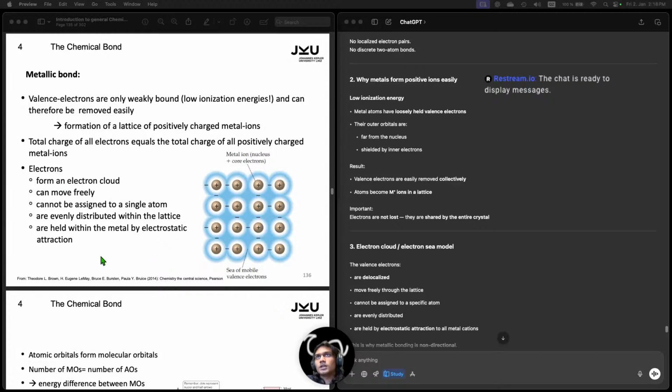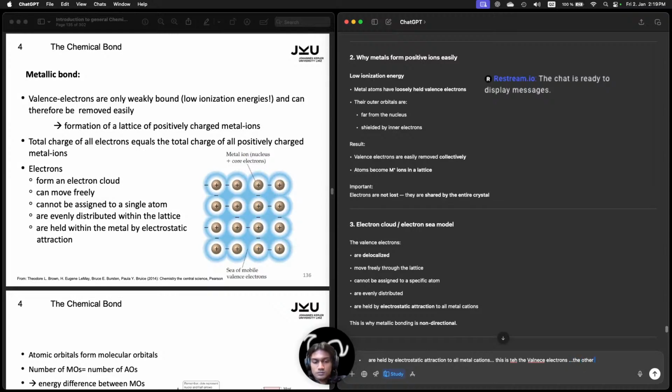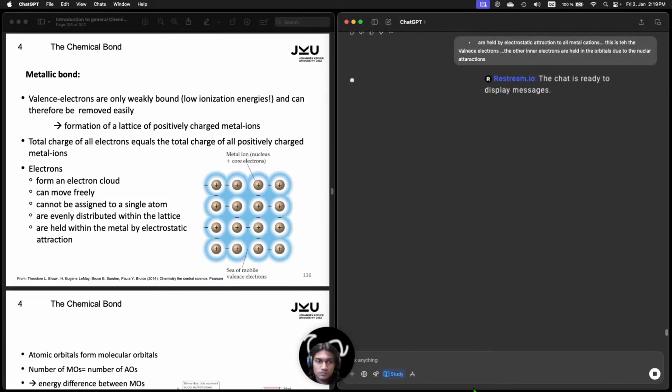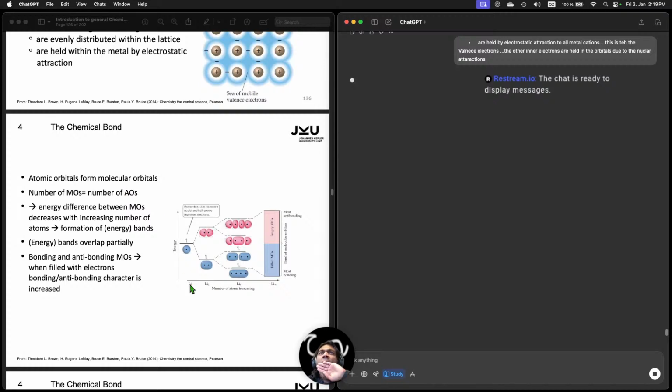So the valence electrons are held by... in the orbitals due to the... atomic orbitals forming molecular orbitals.